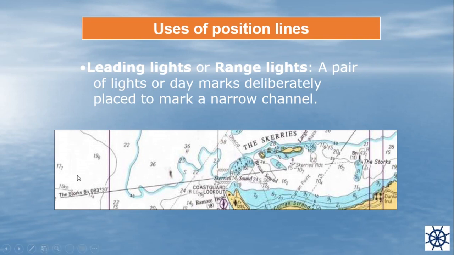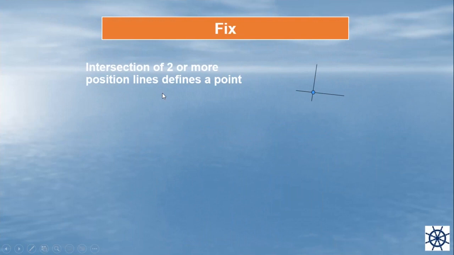Since the bearing here is 083 degrees 30 minutes, which is 083.5, no? There is an error there with your gyro compass, no? So be careful, no? Carefully check your gyro, no? Or your magnetic compass, no?